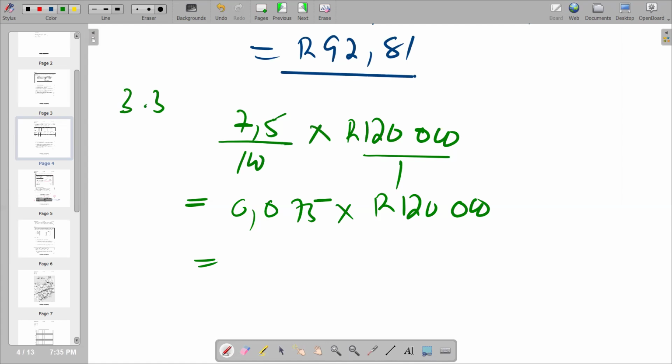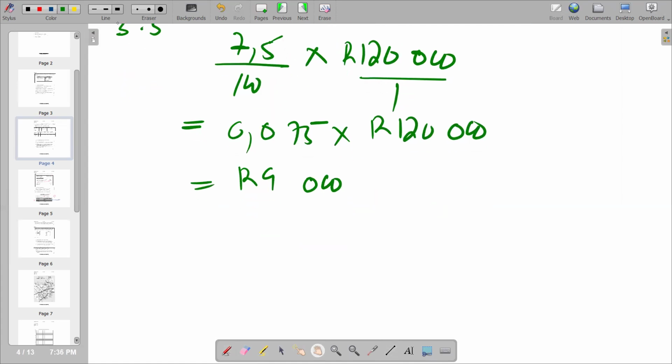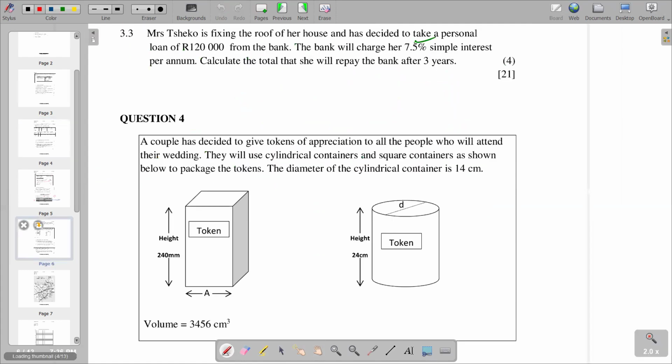Then we get 9,000. So this is the annual interest. So basically we are saying this is the annual figure, and then if you go to the question now, the question needs 3 years, after 3 years. So we multiply by 3.